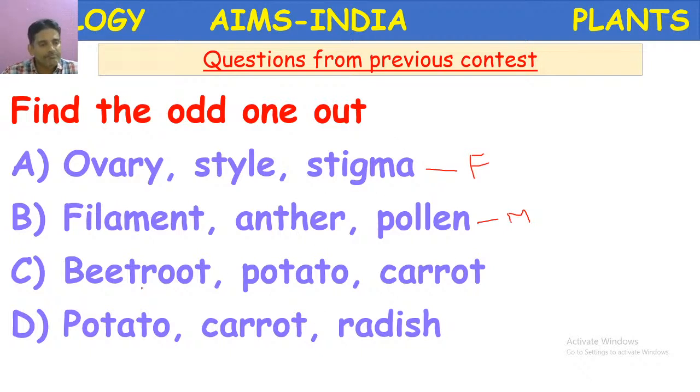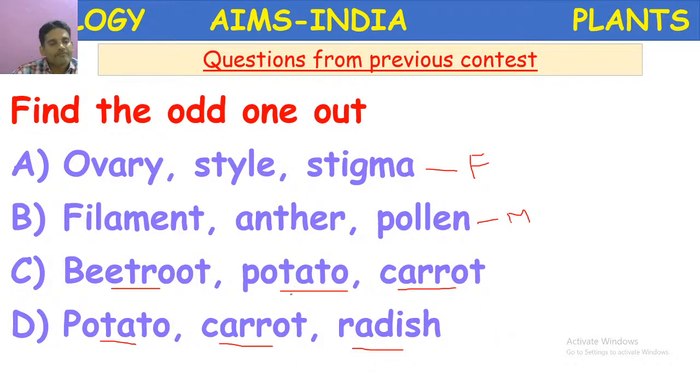So let us see this C option. Beetroot is a root. Potato is a stem. Carrot is a root. So here one, potato, a stem, is included. Here if you take potato stem, carrot root, radish root.